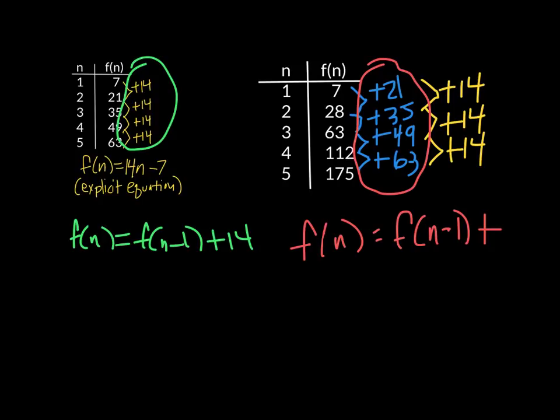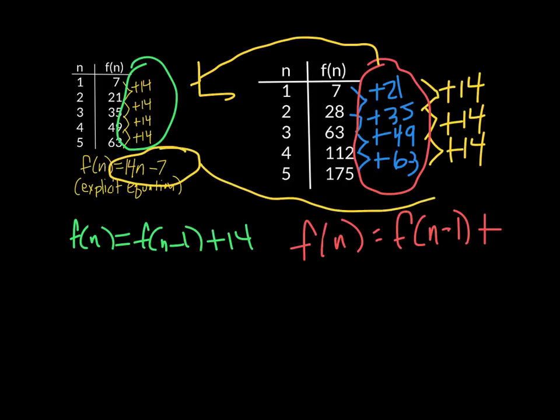And if we look, this data that we've circled is the same data that was over here in our linear function. So since they are the same, we can take the explicit equation from the linear data and add it to our recursive function for the quadratic.